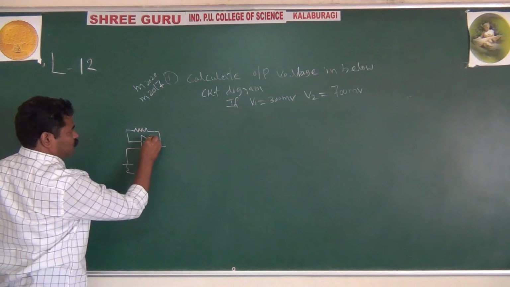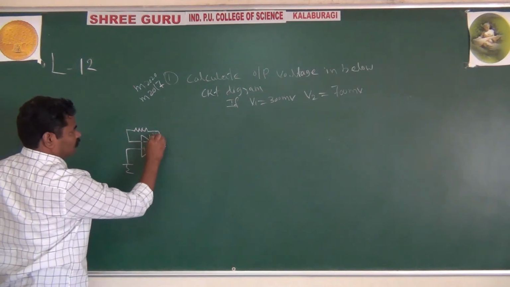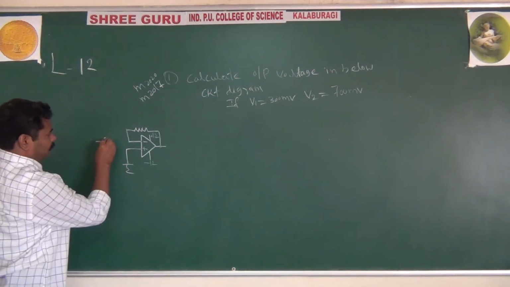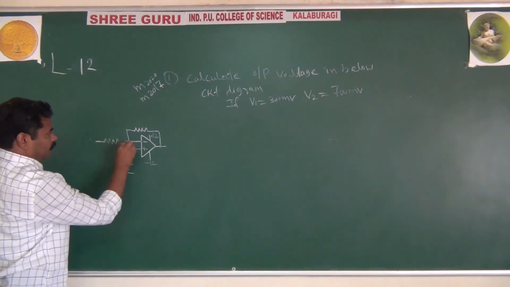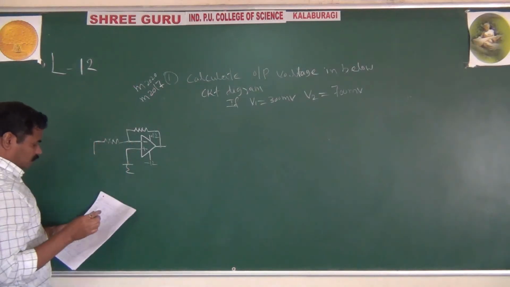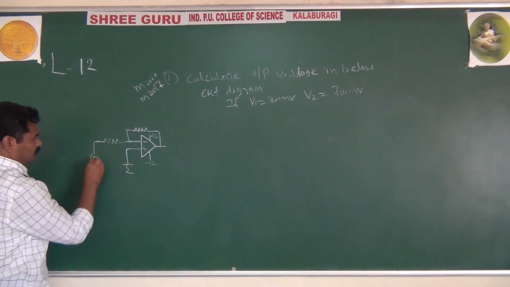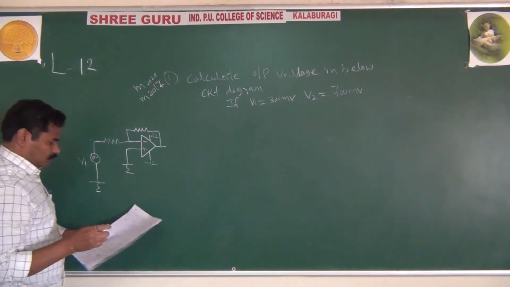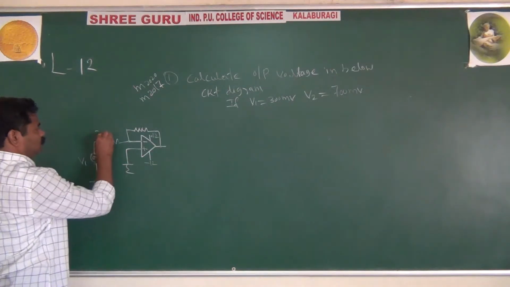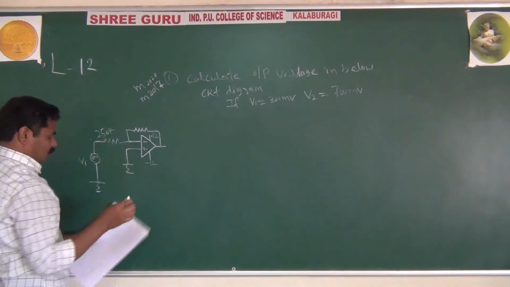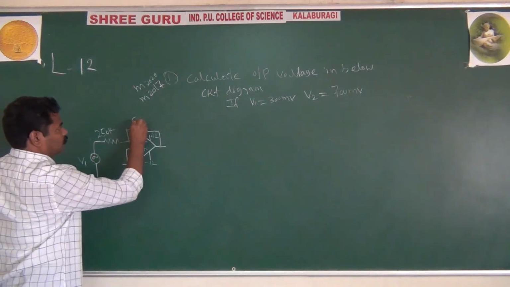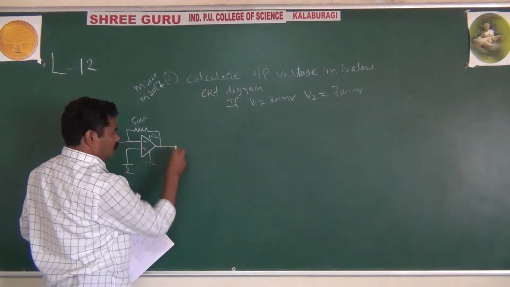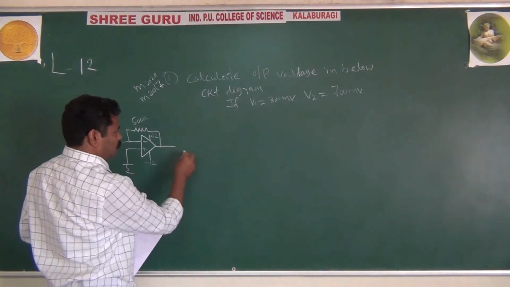You can apply plus 12 volts and minus 12 volts, and you apply an input, which is nothing but your V1. The V1 is already given, the resistor value is 50 K, this is your 500 K, and this output acts as the input for the next stage.